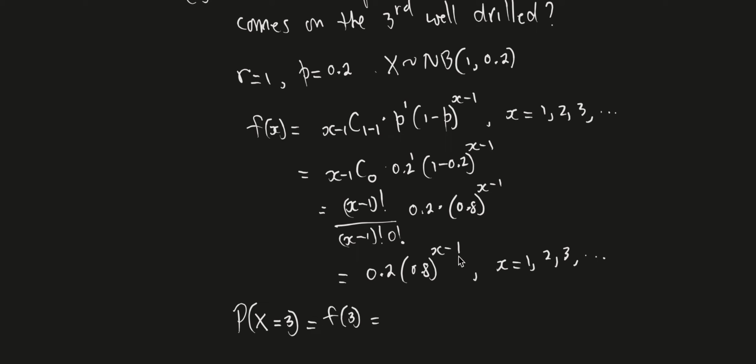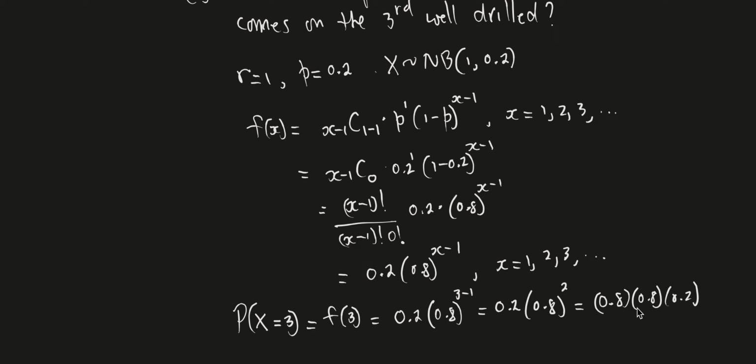So plug 3 in here, and we get 0.2 times 0.8 to the 3 minus 1, so that's 0.2 times 0.8 squared. Let me write it this way: 0.8 times 0.8 times 0.2.